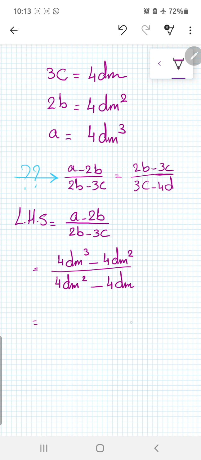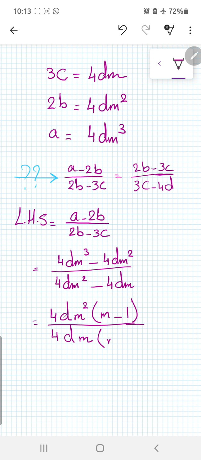Okay, take a common factor. Here we have 4 common factor, d common factor, m power 3, m power 2, get the smallest power, which is m power 2. So here we have m minus 1 over also 4 common factor, d common factor, m power 2, m, take the smallest power, which is m. We get m minus 1.